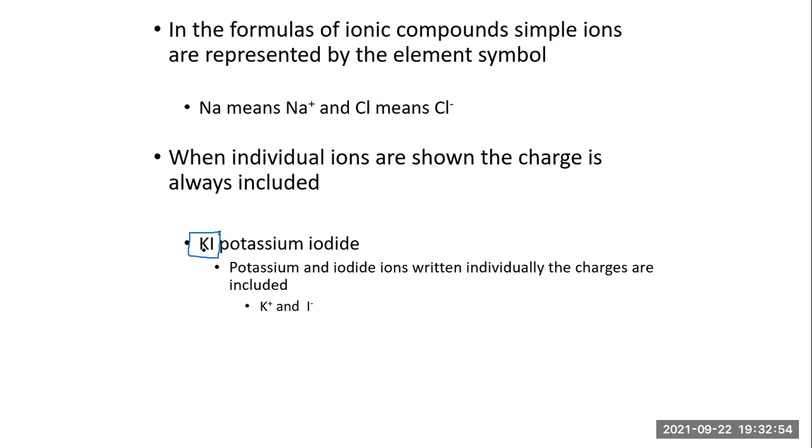Again, if we look at this, we see potassium, which is a metal. We see I, which is iodine, is a nonmetal. That again should scream ionic to you. We look at the metal, which is potassium. We see that is group 1, so this is a type 1 compound. That means we would use the whole name of the metal, which is potassium.